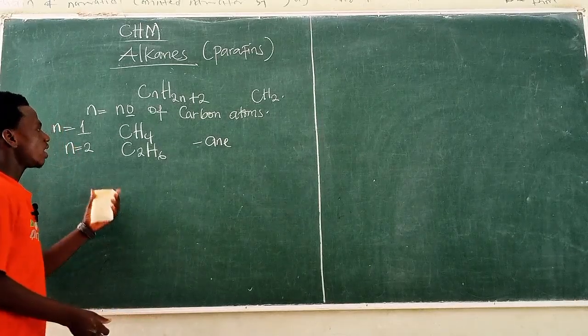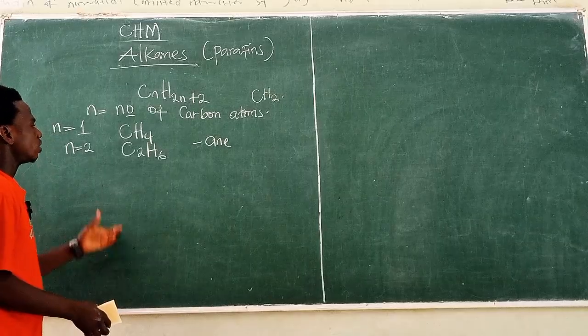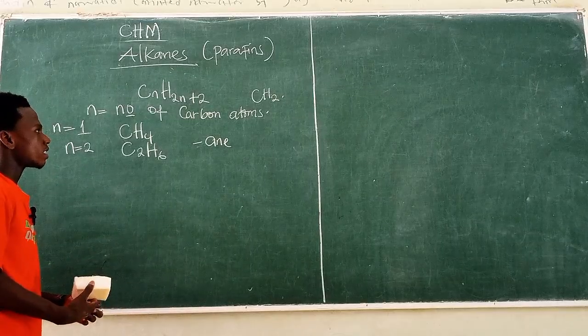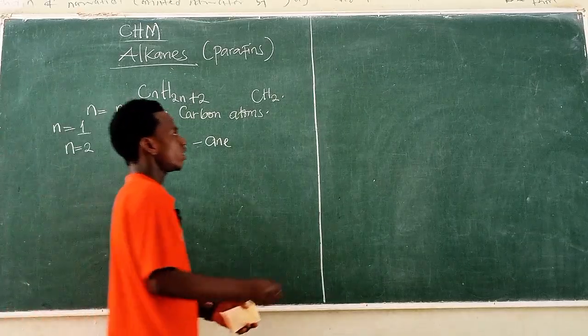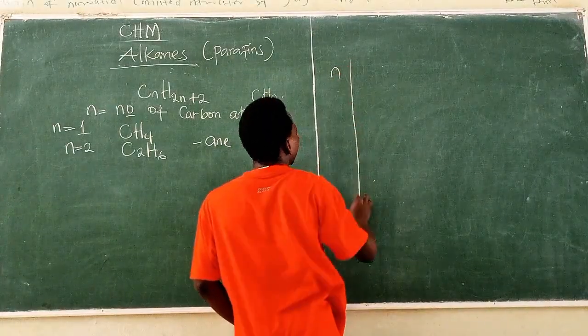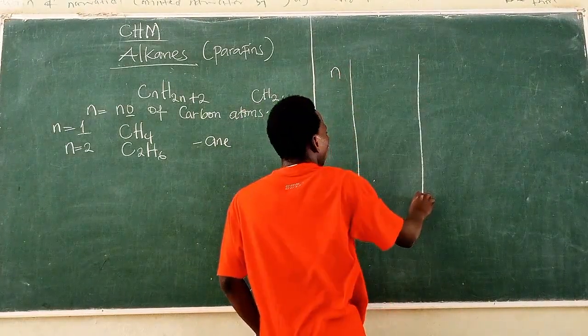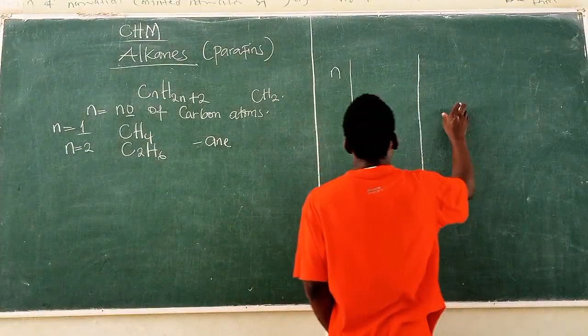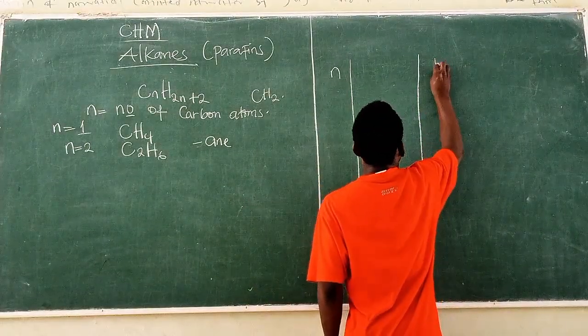Now, let's make a table and show the first 10 members of the alkane family with their molecular formula and their IUPAC name.